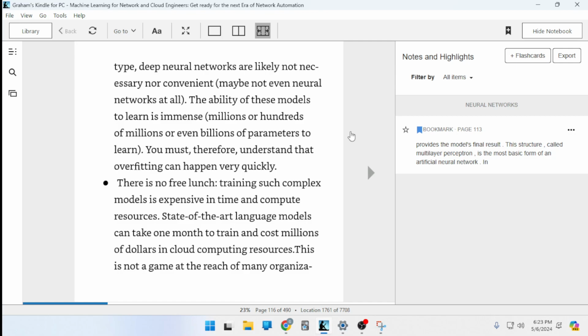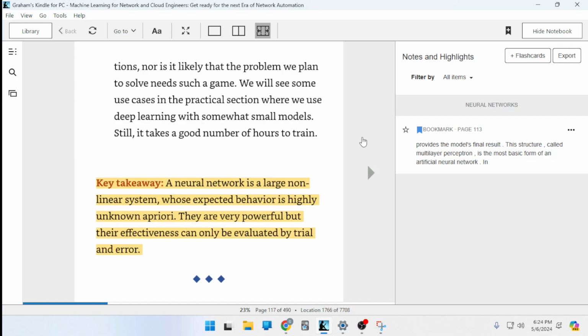State-of-the-art language models can take 1 month to train and cost millions of dollars in cloud computing resources. This is not a game at the reach of many organizations, nor is it likely that the problem we plan to solve needs such a game.